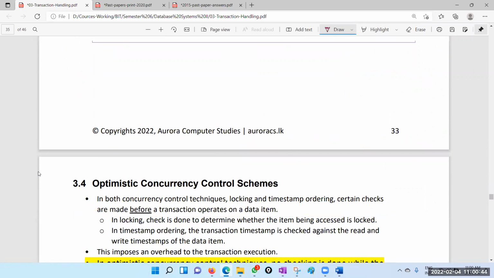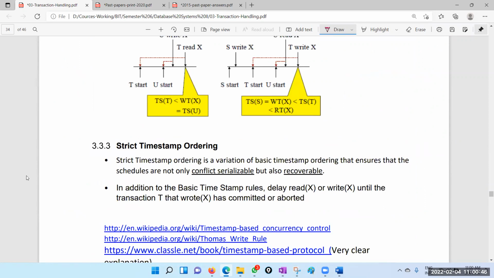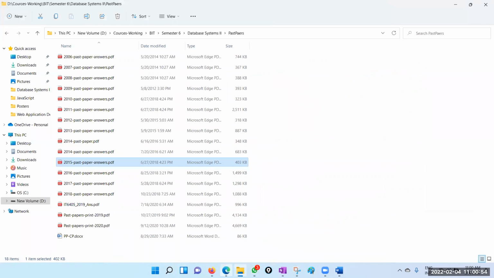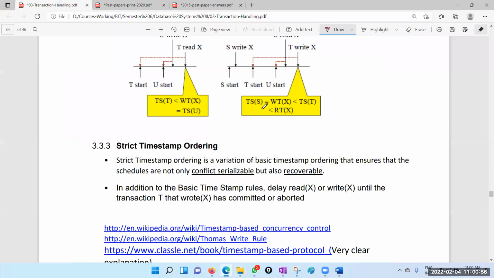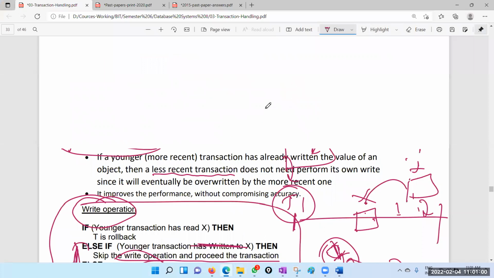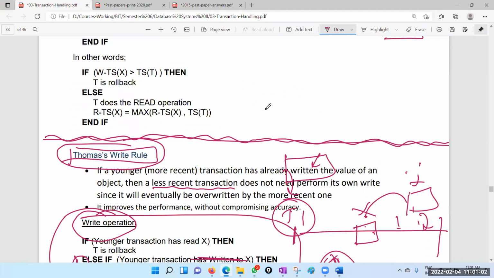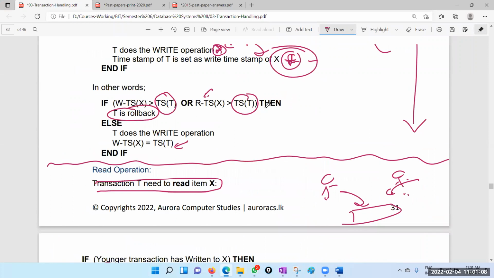Right. Now we can do a question on timestamp ordering as well. Okay, let's do a past paper question. Timestamp ordering is a little bit complicated to remember. Locking is much easier to remember. I can't say this is difficult to understand, but it is a little bit difficult to remember.